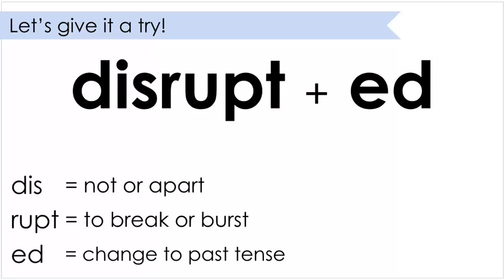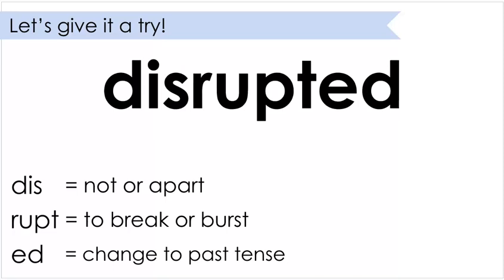We're going to do disrupt. Dis means not or apart, or break or burst. So we're going to be breaking apart, we learned yesterday, or bursting apart when you disrupt something. If we change it to past tense, what's our new word? Disrupted, that's correct. And can you figure out what it means?